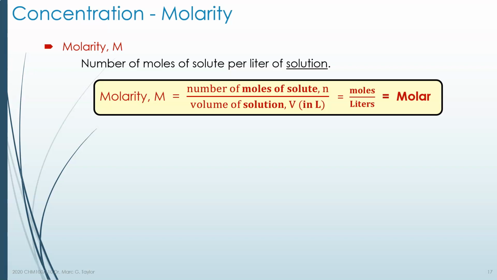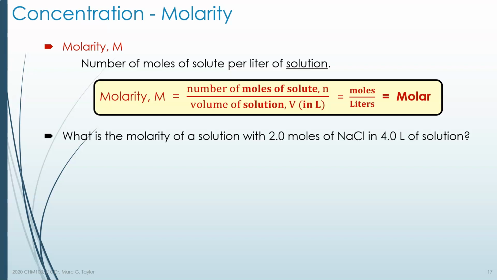That's for a different unit that we're not going to talk about in Chem 100, called molality, and that has a totally different definition. But molarity with a capital M is the moles of solute divided by the liters of solution. And if you see M, just automatically convert it to moles per liter in your head or on paper.